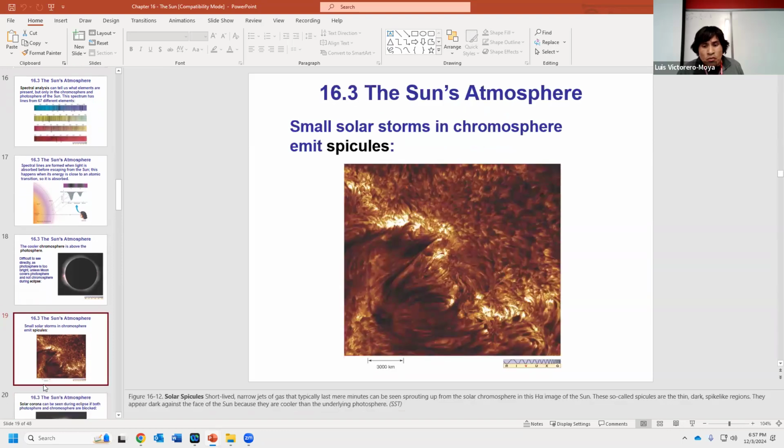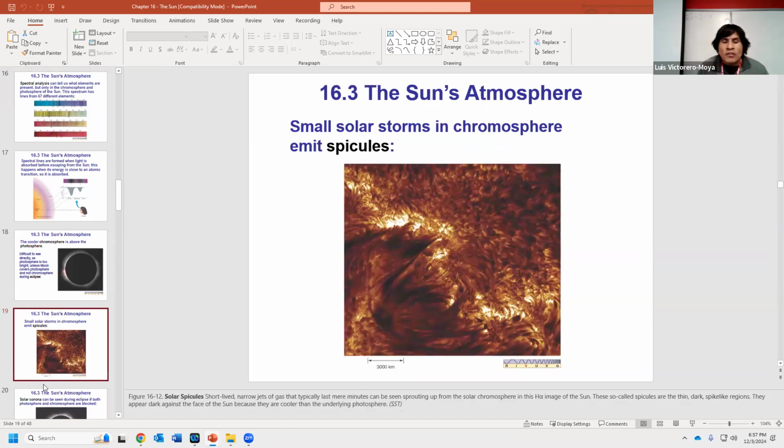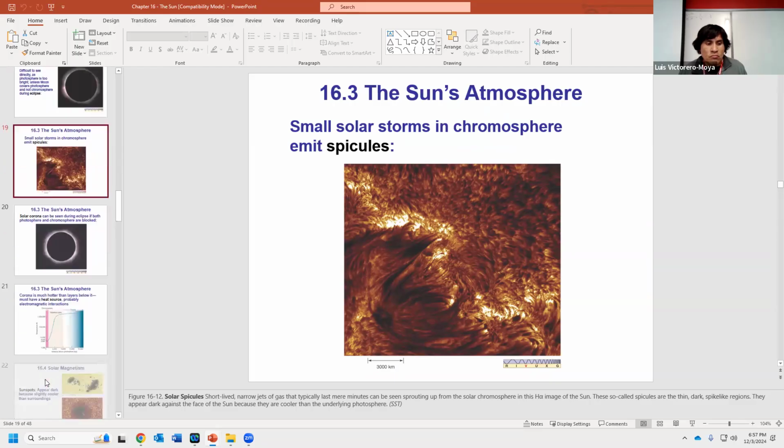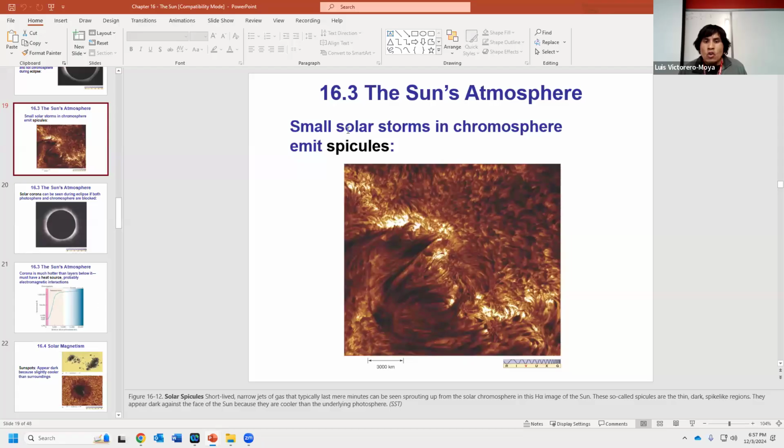We care about sunspots because they tell us a lot about the activity, the magnetic field, and the activity of the sun. You probably have heard about NASA or astronomers in general, always tracking down the number of sunspots that are happening on the sun in a given period of time. And sometimes they correlate with solar mass ejections, with solar storms, which happen in the chromosphere, by the way.